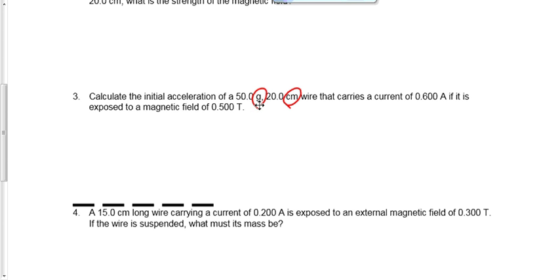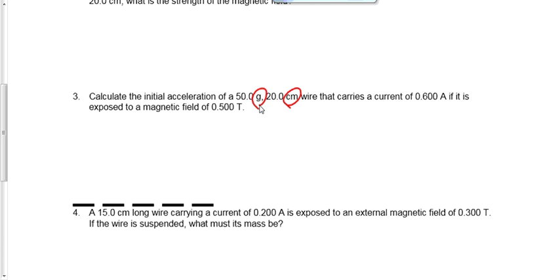And then set that force equal to what, Jacob? Equal to... Yeah. So you're going to say magnetic force equals m times a, and then rearrange it to solve for acceleration, right? So get a force, and then set that force equal to m times a.